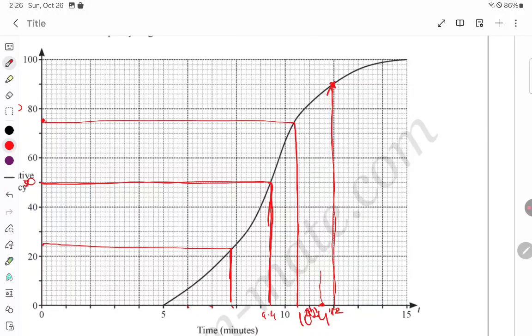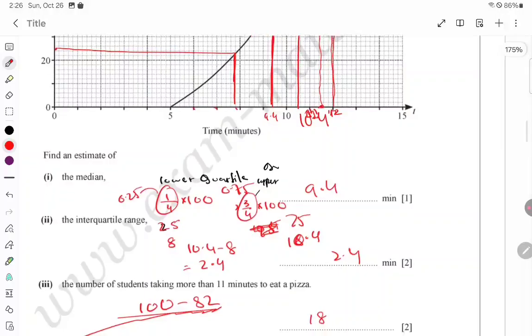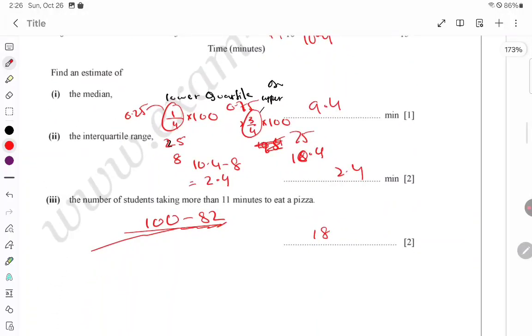If we move from here, and because we want just more than 11 minutes, it will give you somewhere value of 82, which you have to subtract from the total, and it will give you the answer of 18.